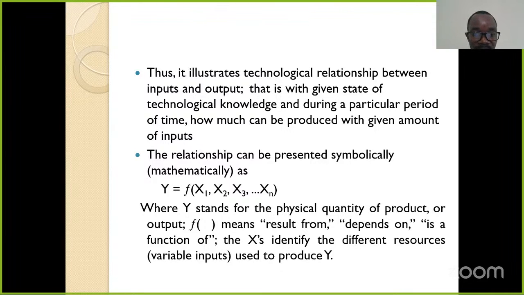That's the one that you can see on the screen. Y equals f of x's, where y represents the output or the quantity of the product, and f is the function, meaning that y results from or depends on the x's, which are the inputs.